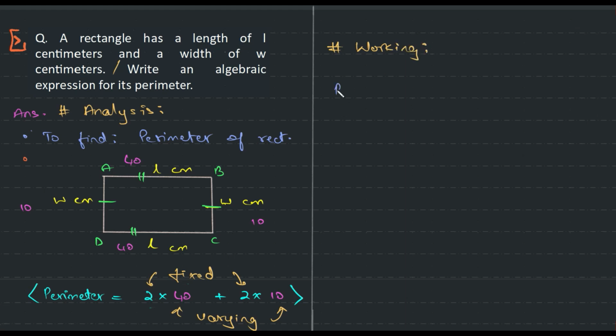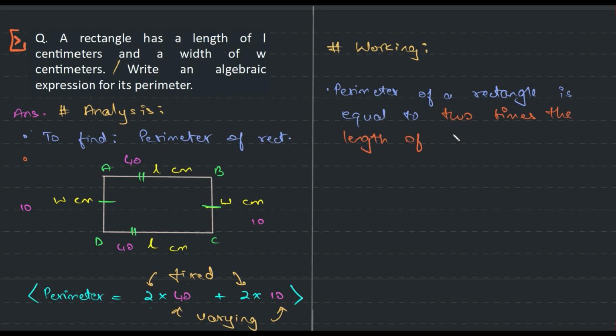Now, perimeter of a rectangle is equal to 2 times the length and 2 times the width. Again, this is an extra bit of work that I'm doing, but this always helps.